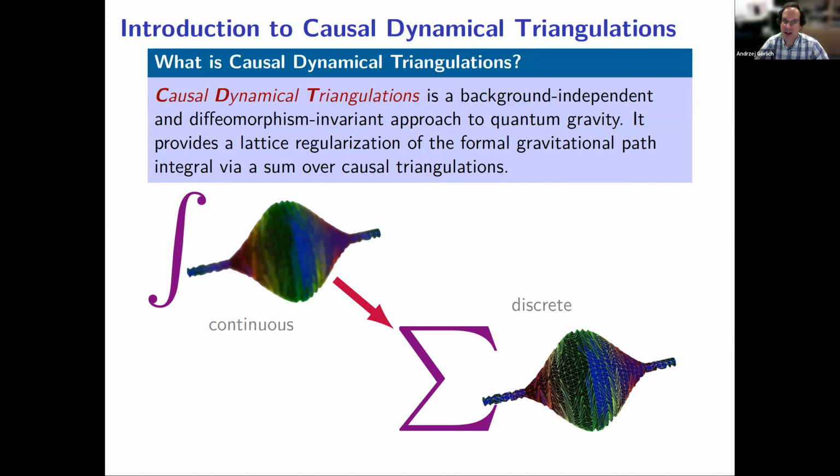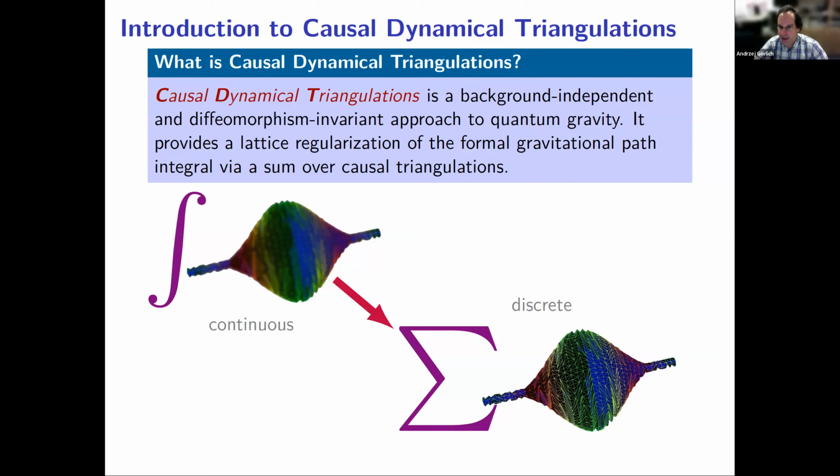Let me start with answering the question, what is causal dynamical triangulations? For those of you who are not familiar with this approach, it is a background independent and diffeomorphism-invariant, so a non-perturbative approach to quantum gravity. It provides a lattice regularization of the formal gravitational path integral. Instead of integrating over geometries, we will sum over causal triangulations.